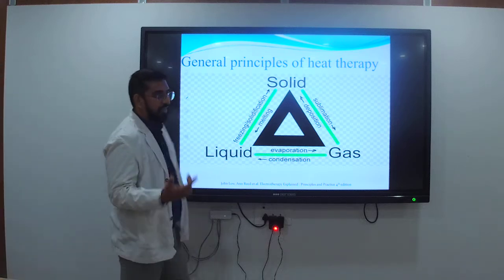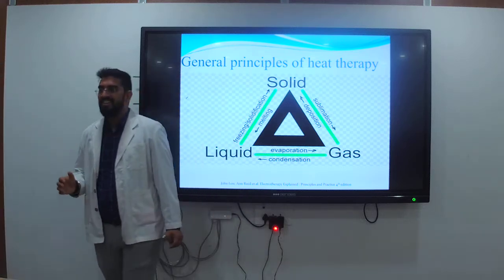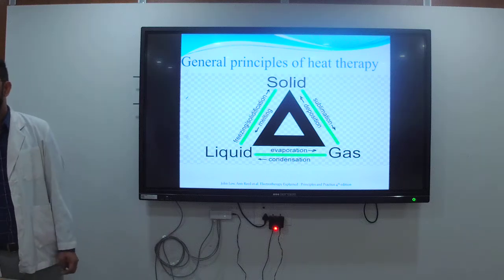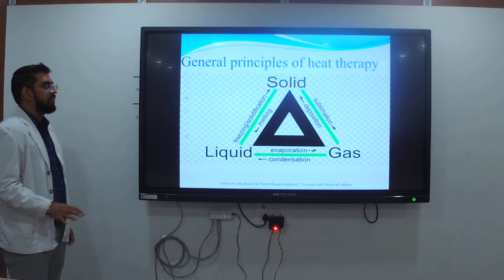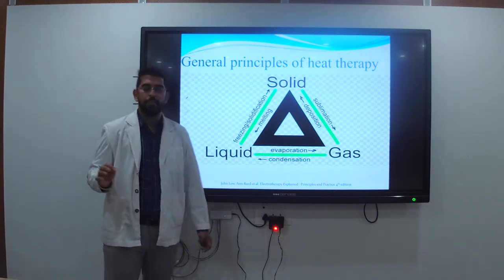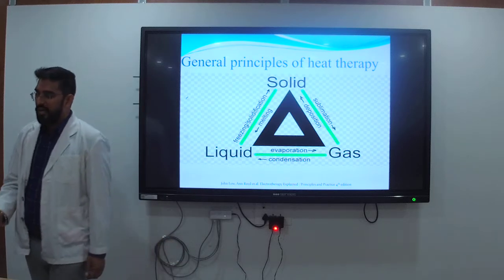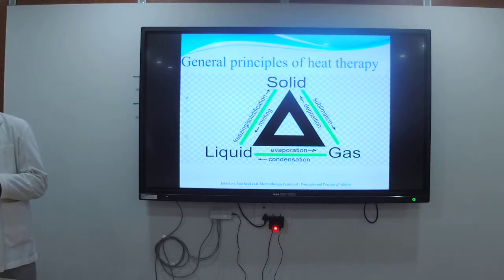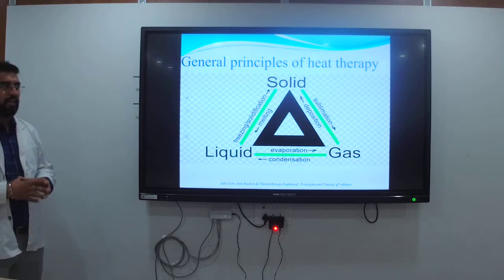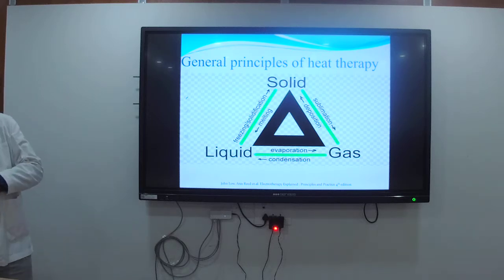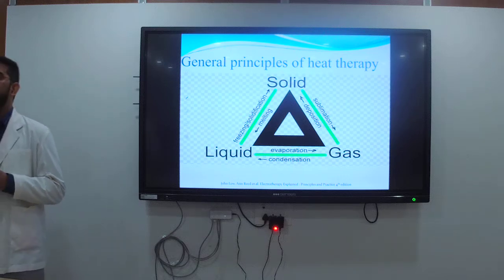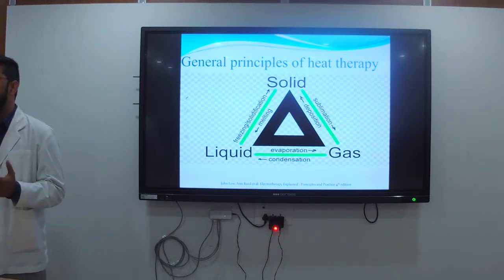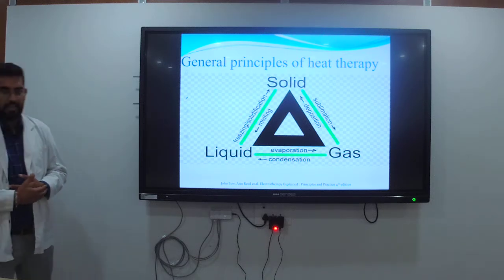Now, why are we learning this in physiotherapy? The only reason is that we are talking about human anatomy, and in that we are talking about a muscle. Now muscle has the capacity to elongate, as you will be reading in the anatomy subject.